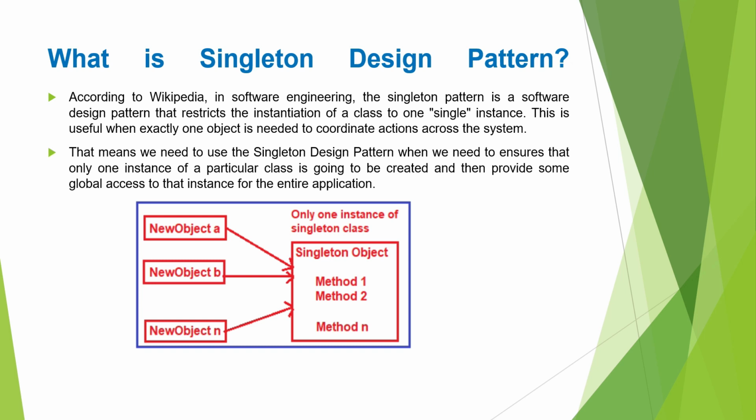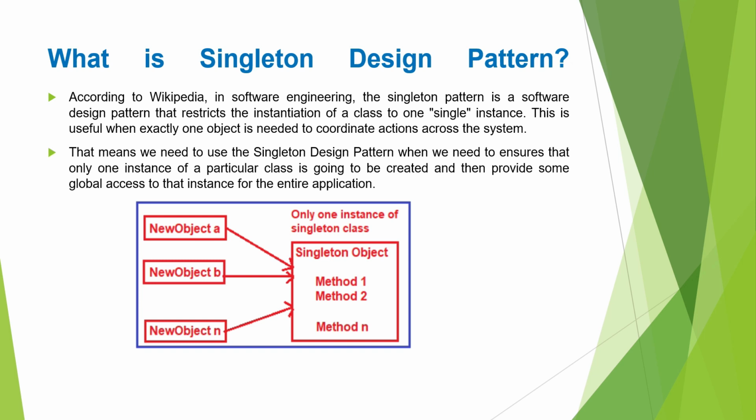That means we need to use the singleton design pattern when we need to ensure that only one instance of a particular class is created and then provide global access to that instance for the entire application. To understand this better, please have a look at the diagram.